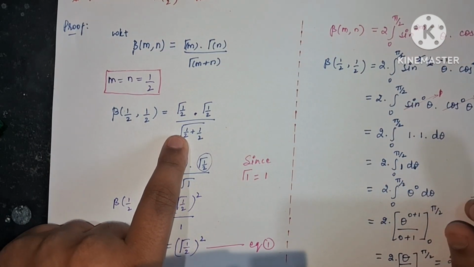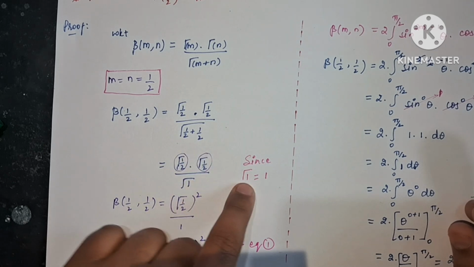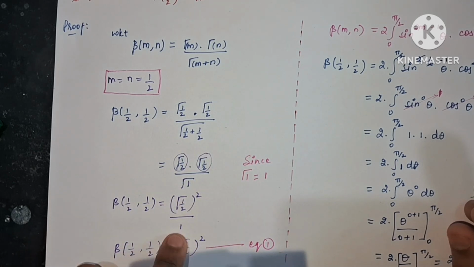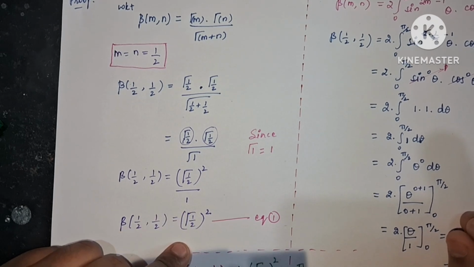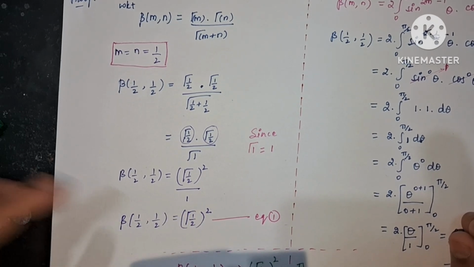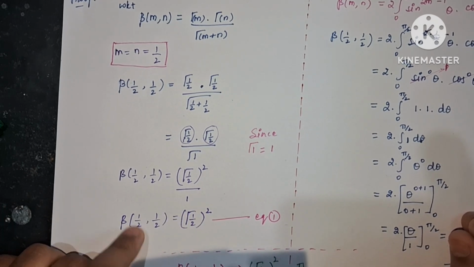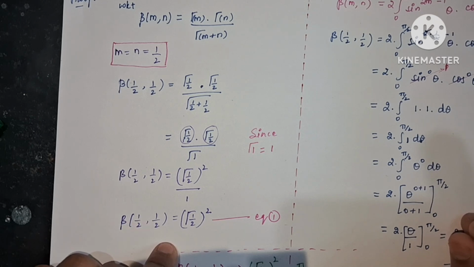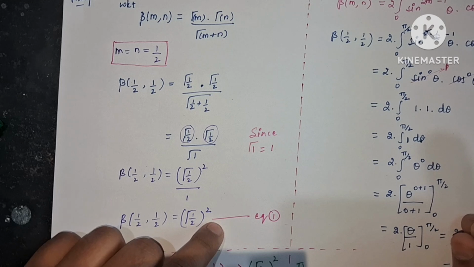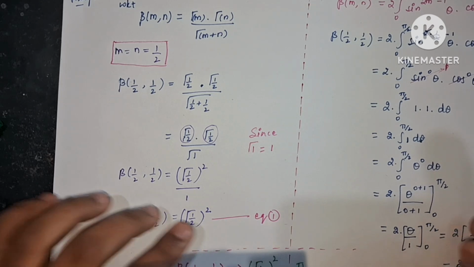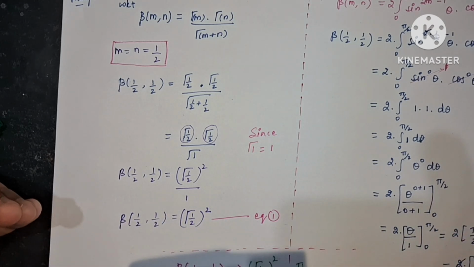In the denominator, half plus half is 1, and gamma 1 we know is equal to 1. So numerator over denominator 1, in the next step it gets dissolved. We are left with beta of 1 by 2 comma 1 by 2 equal to gamma of 1 by 2 the whole square. I'll retain this as equation number 2 because I can't simplify it further.